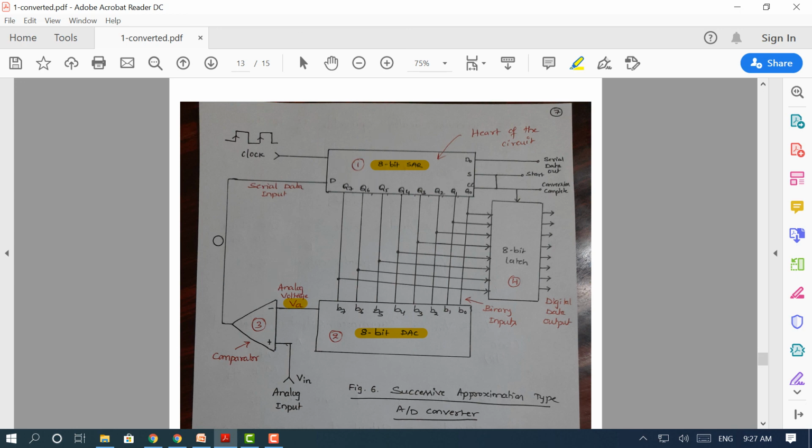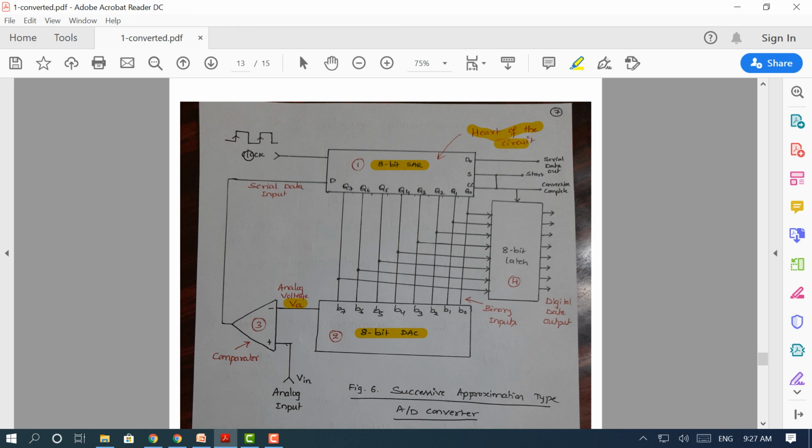The serial data may be 1 or 0, that is registered in the 8-bit SAR, and the data coming out of it is given back to the DAC. So this is basically a cycle, a loop. The heart of the circuit is the 8-bit SAR.